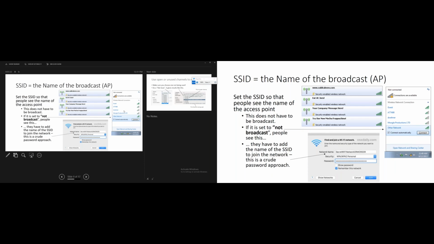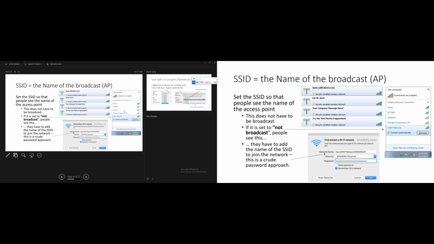So SSID, we'll talk about that. That's all these names. Notice where it says your company message here. That's actually the name of the wireless. Notice you do not have to broadcast a network. There might be at some point in time a setting that says do not broadcast the SSID, do not send out your name. And if that's what you set, then you see on the right here where it says other network, that's what it looks like.